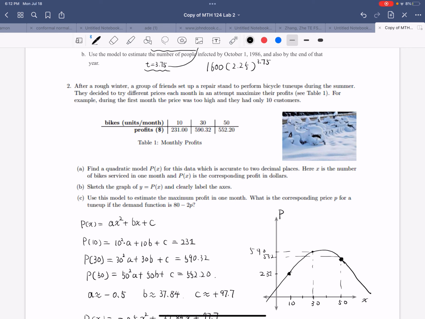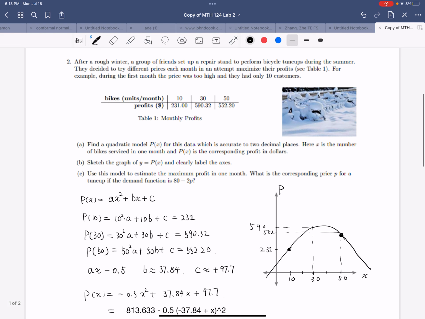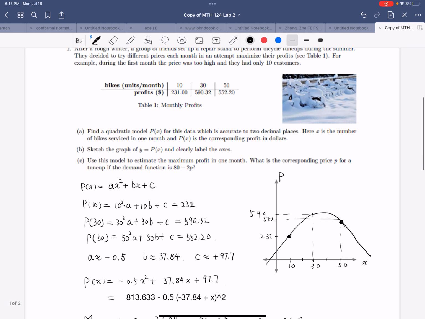The first question is to get a precise quadratic model. The quadratic function in general form is p(x) equals ax squared plus bx plus c. You plug in these three pairs of data, 10 bags per month, 30 bags per month, and 50 bags per month, and you get three equations for three unknown variables.